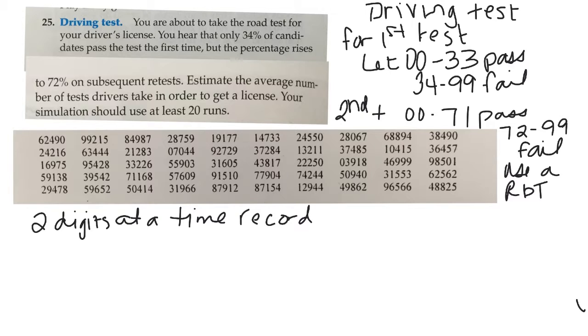And we're going to record the number of tests till we pass. One of those things you just keep taking until you actually finally get it, right? So our response variable is that number of tests.